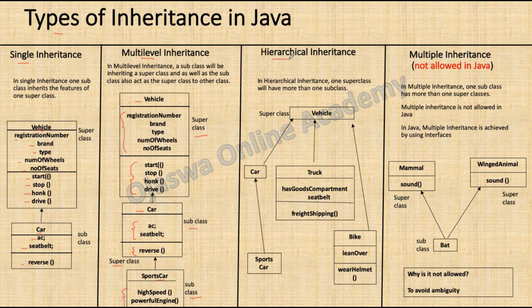What is hierarchical inheritance? In hierarchical inheritance, one superclass will have more than one subclass. So you have superclass vehicle. Vehicle has multiple subclasses: car, truck and bike. Car, truck and bike are at the same level of hierarchy. Also, one important point to remember, inheritance represents an is-a relationship.